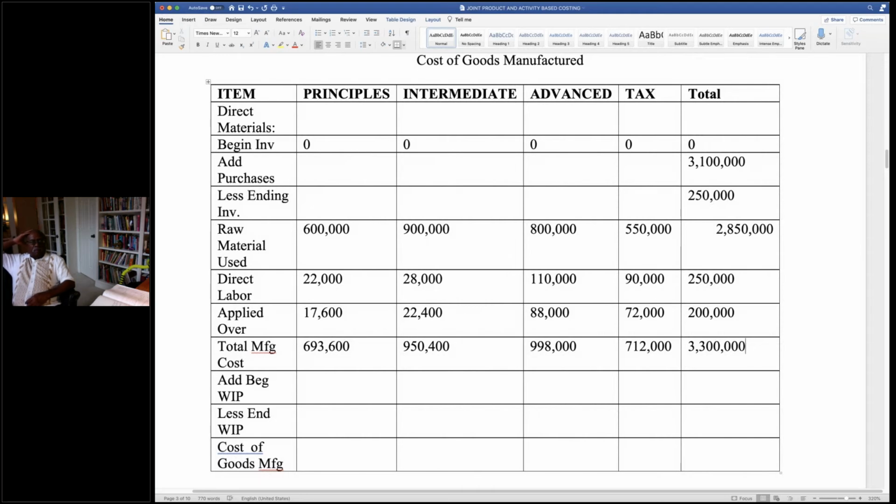Okay, actually, the number I got was 3,354,000.